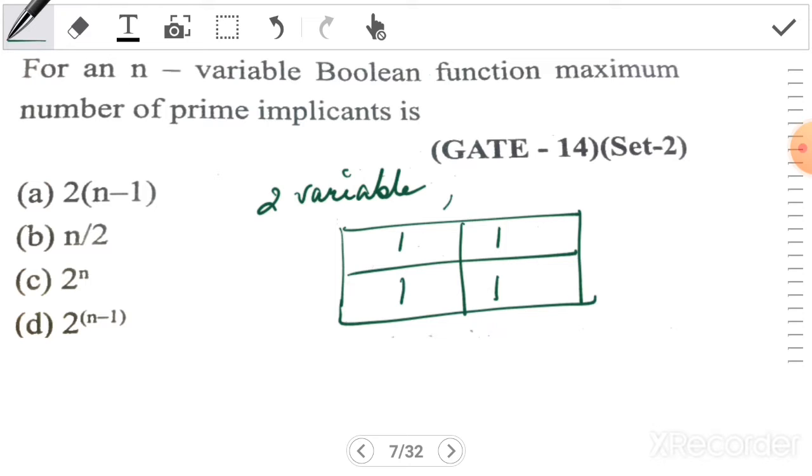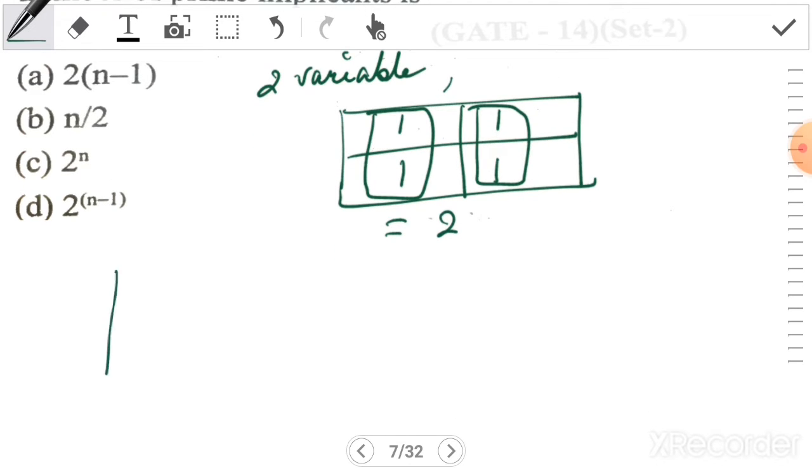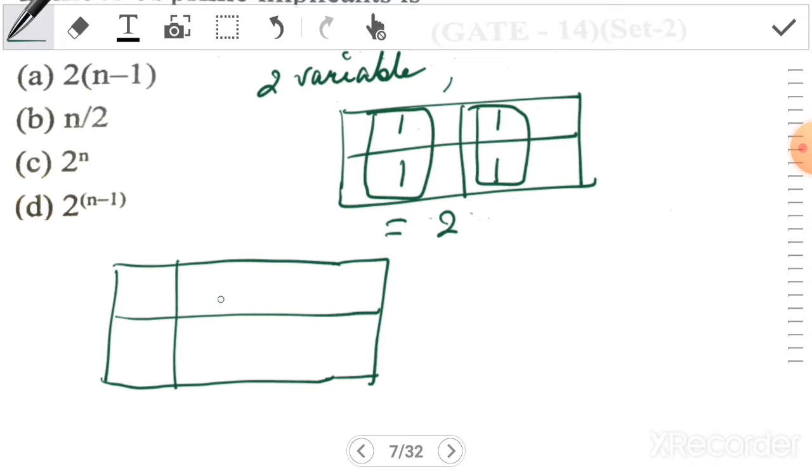You will get the maximum number of prime implicants by combining the least number of cells, which is 2 cells at a time. So here there will be 2 prime implicants, right? Similarly, for a 3 variable K-map, we will have 8 cells.